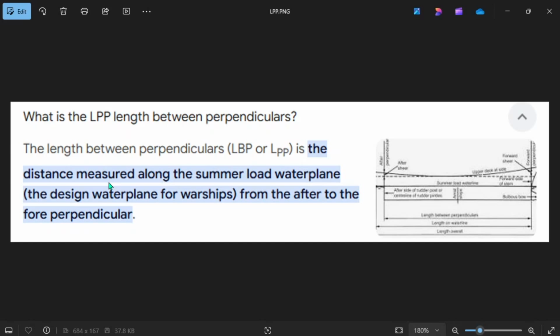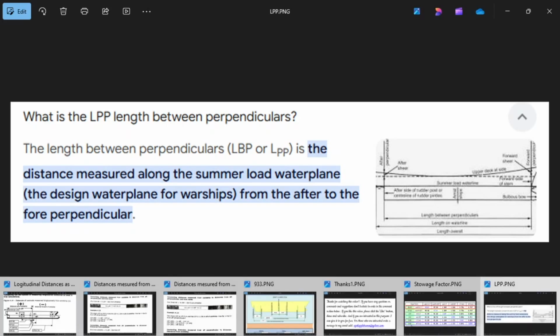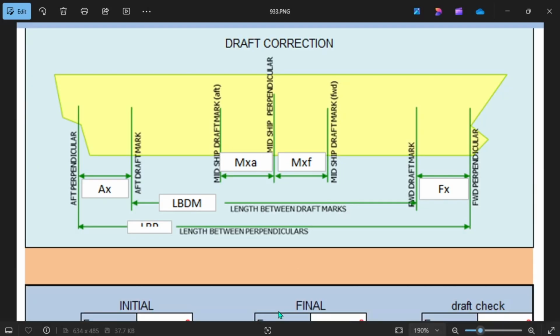It's the distance measured along the summer load line plane. This is your summer load line plane.